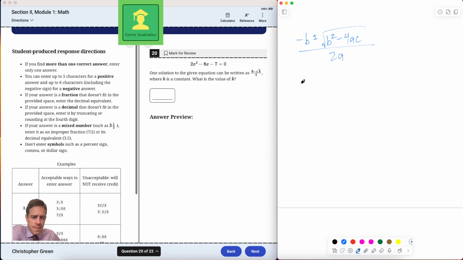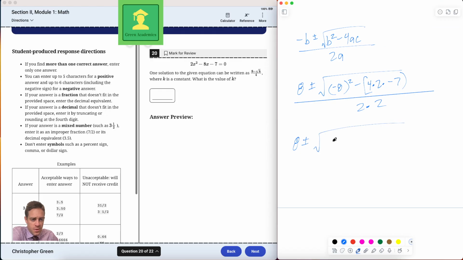So in this case, it's 8 plus or minus the square root of, I'm going to write it the long way, the quantity negative 8 squared minus 4 times 2 times negative 7, all over 2 times 2. So 8 plus or minus the root of 64, and then that would be a plus, and 4 times 2 is 8 times 7 is 56, all over 4.